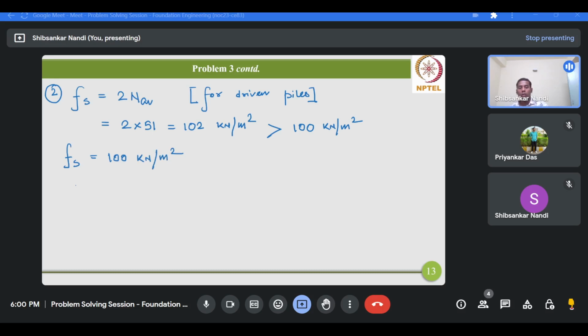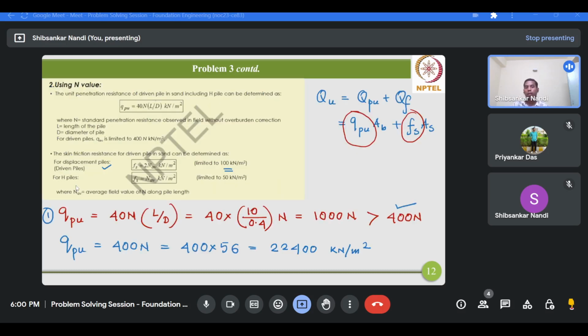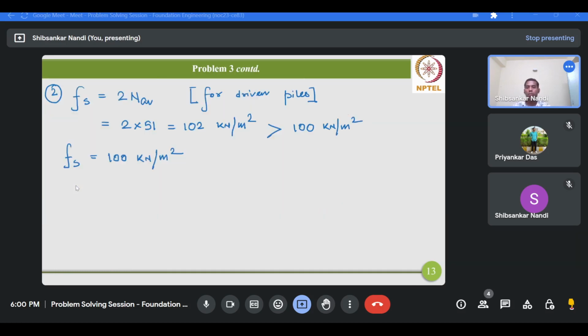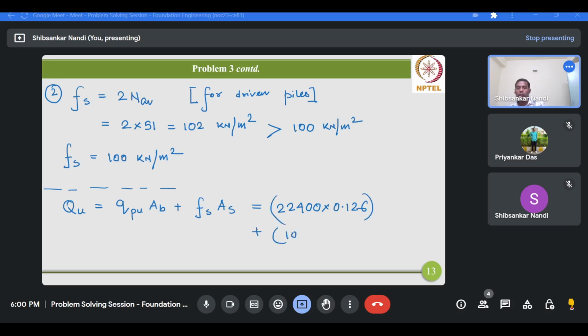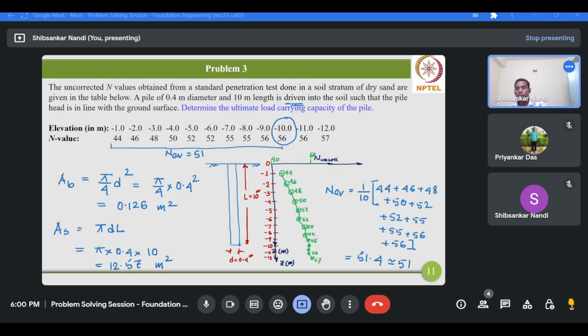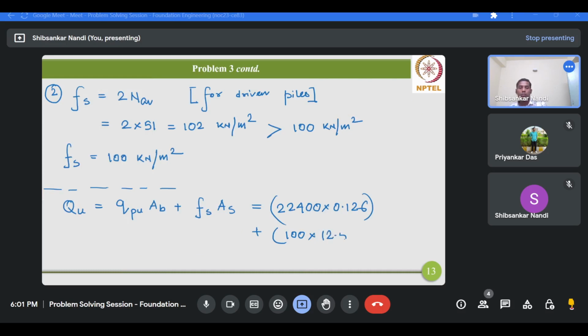Now you know Q_pu and Fs, so you can multiply them with AB and AS respectively, and add these two components to get the ultimate load carrying capacity of the pile. So the ultimate load carrying capacity Q is Q_pu times AB plus Fs times AS. Q_pu times AB, this is 22400 times 0.126, plus 100 multiplied by AS, the value of AS is 12.57.